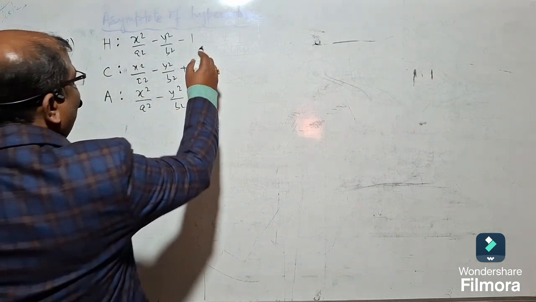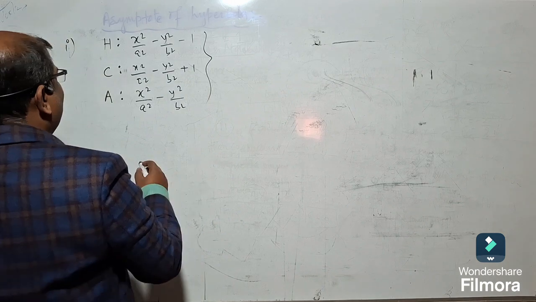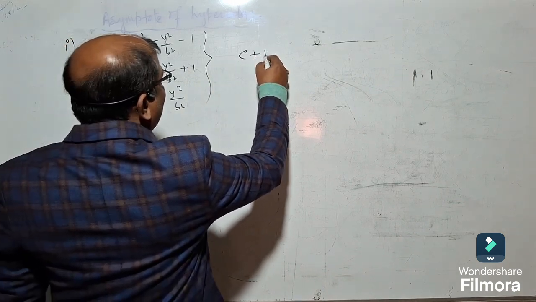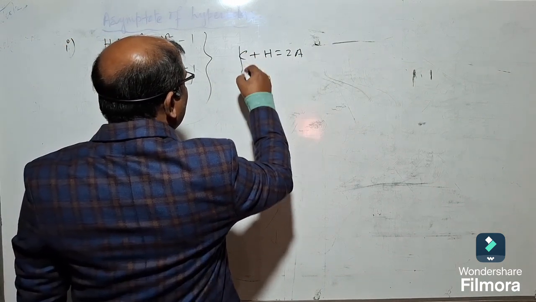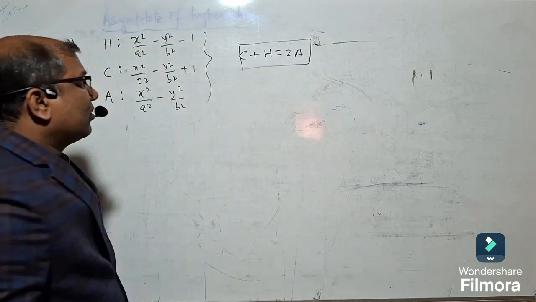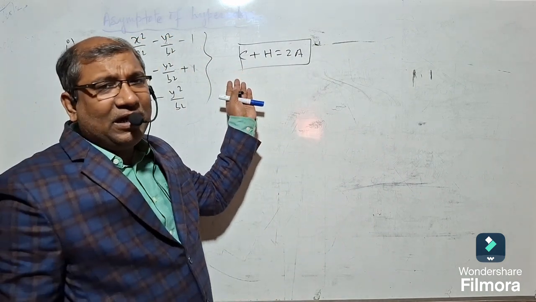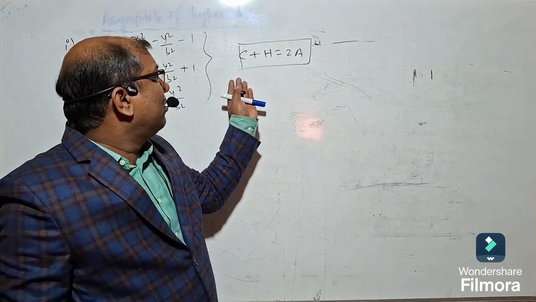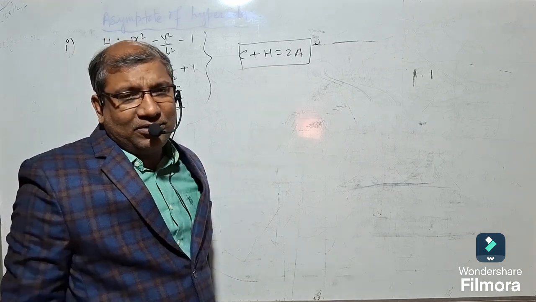So from the above three relations, we can say that c plus h is equal to 2a. So from this equation, if we have any two among three, we can find the third one.